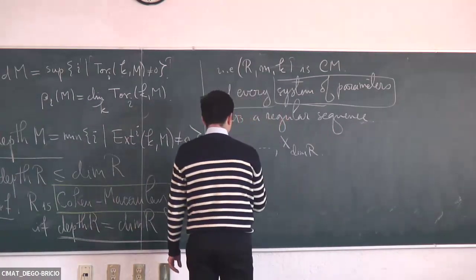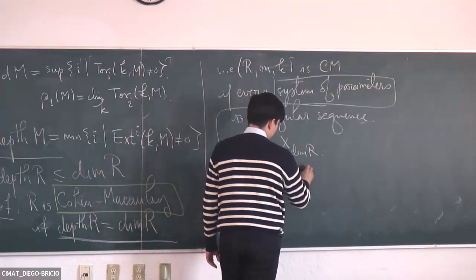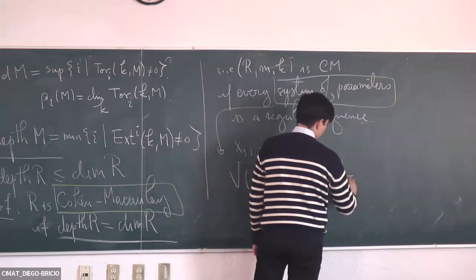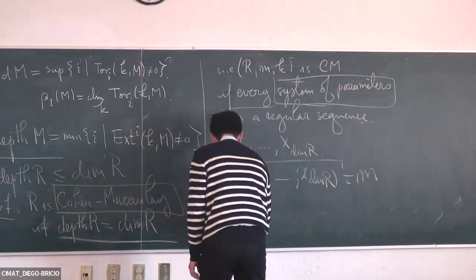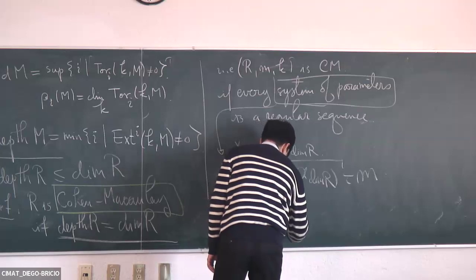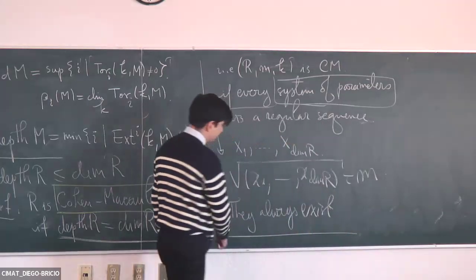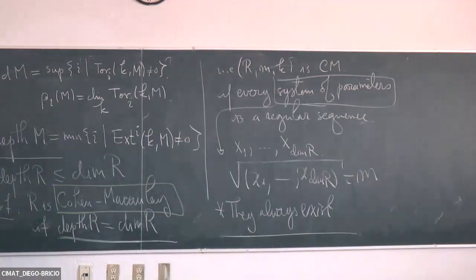It's a system of parameters if the radical of the ideal they generate is the maximal ideal. And they always exist. Okay, so that's a summary of the previous lecture.